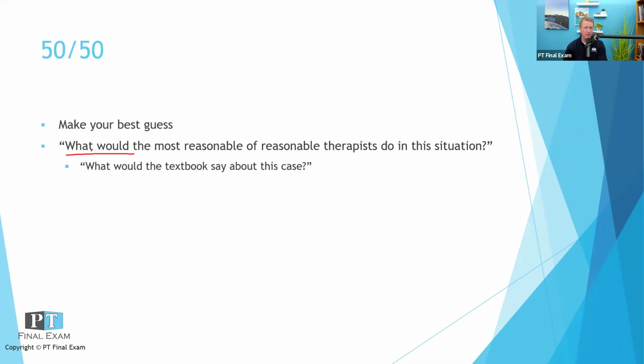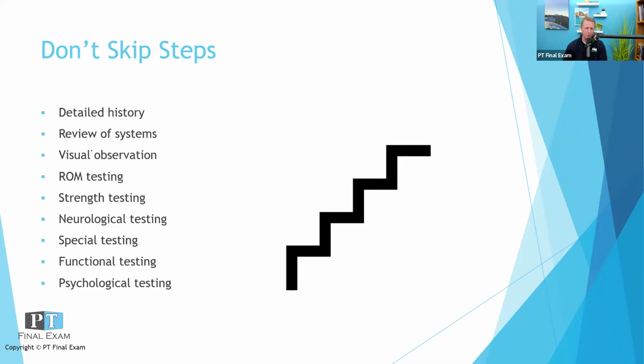And so your goal is to take all of your base knowledge, which clearly you have a lot of skill in, and apply that to each question. Another thing that's critical, especially in the case where you've narrowed it down to 50-50, is to consider if there is a sequential order to these answer options, meaning that one should be completed first before the next one.